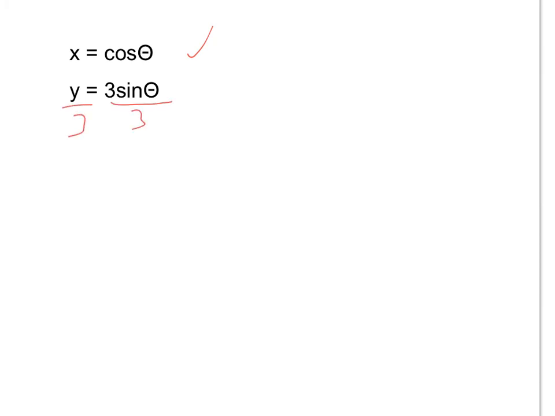So I'm going to get sine theta is equal to y over 3. And now I'm going to just write my Pythagorean identity. Cos squared plus sine squared is equal to 1. And I'm going to replace now cos squared and sine squared with x squared and y over 3 squared.